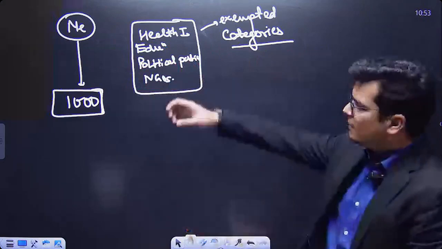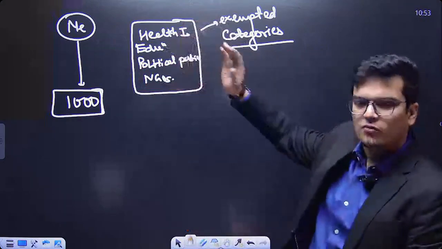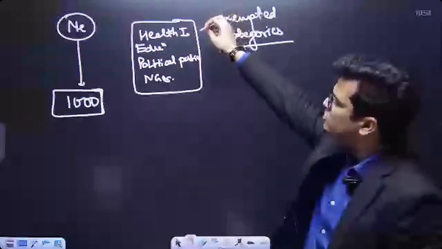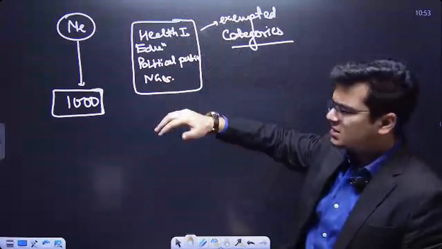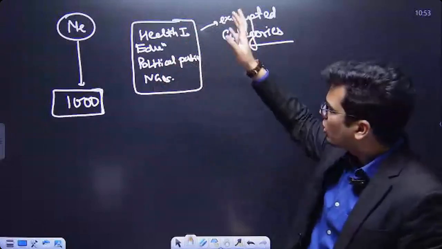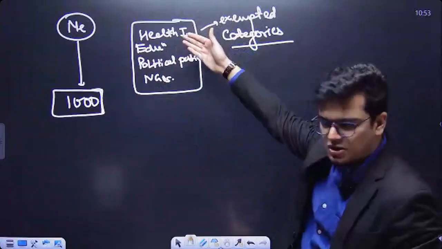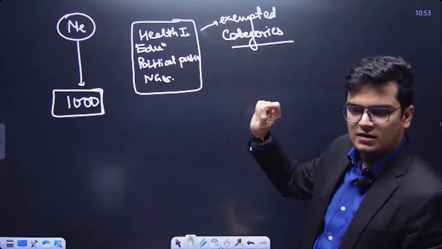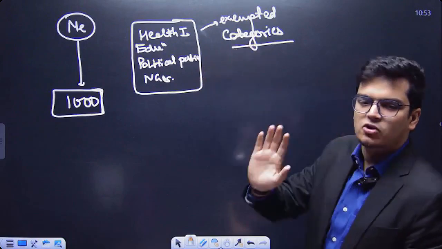Government will say that if you do all of this expenditure, of course there will be limits to it. ऐसा नहीं कि मैं 1000 में से 1000 की health insurance खरीद लूंगा तो I will get no tax. There will be a limit to it. But broadly, government says if you do expenditure in these areas, then that part of your consumption or that part of your income I will not tax.